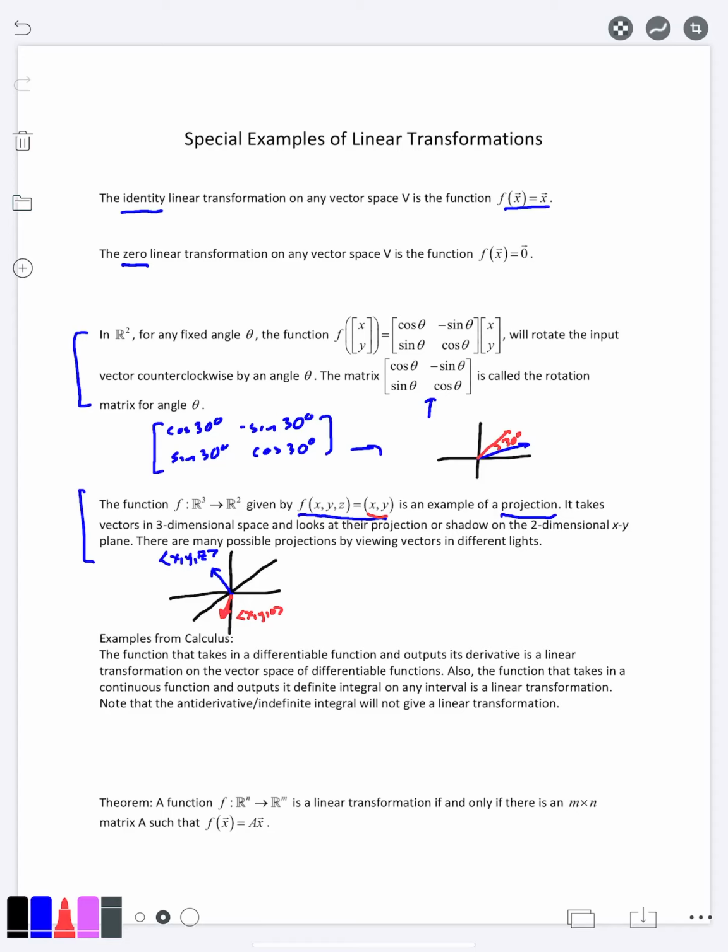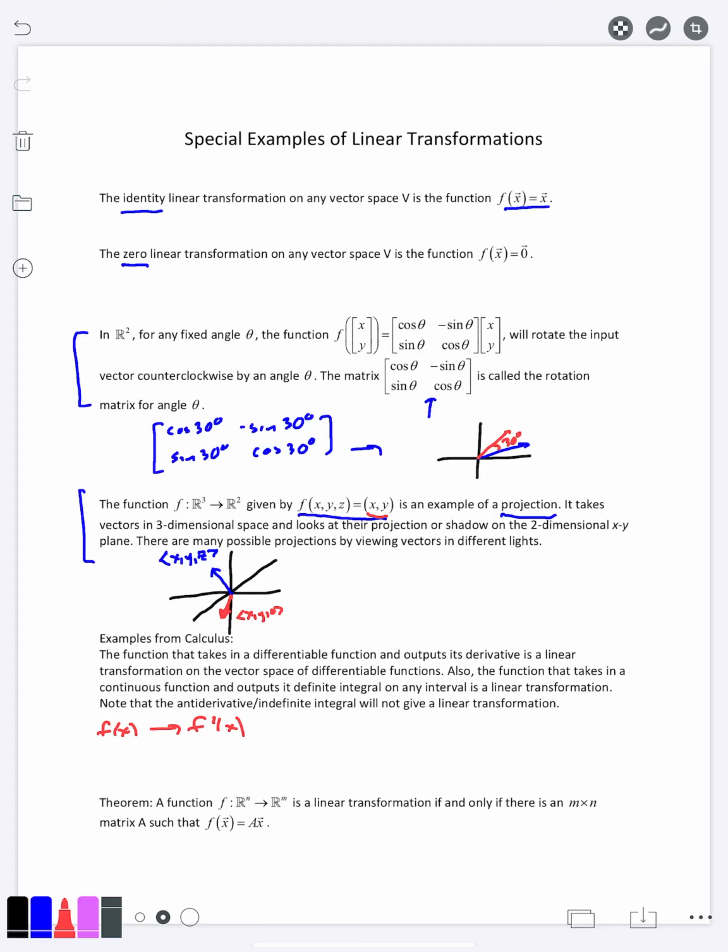Now the next one is an example from calculus. And again, maybe you've had calculus, maybe you haven't at this point in time. But there are two quick examples here. First off, if you take a function, say f of x, as your input, and your output is the derivative of that, and as long as you're in a vector space where a derivative makes sense, then this is actually going to be a linear transformation.